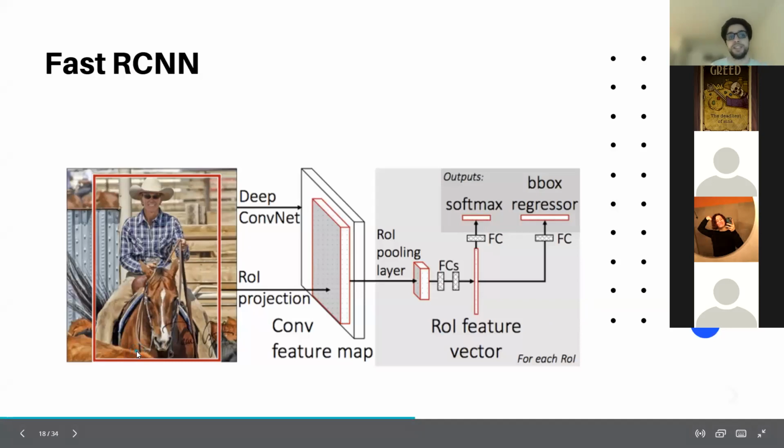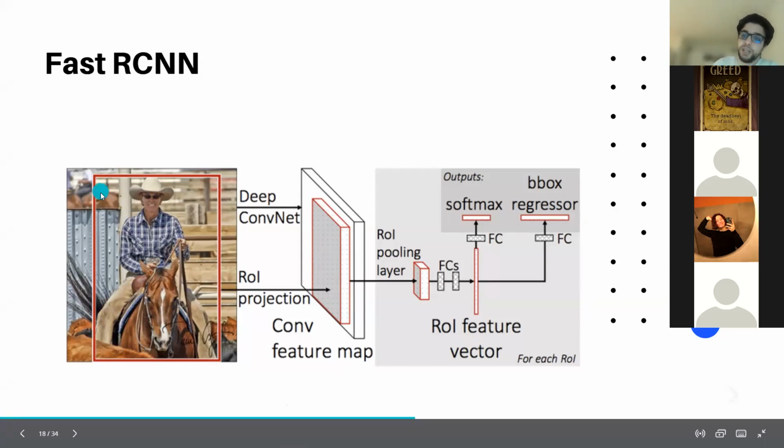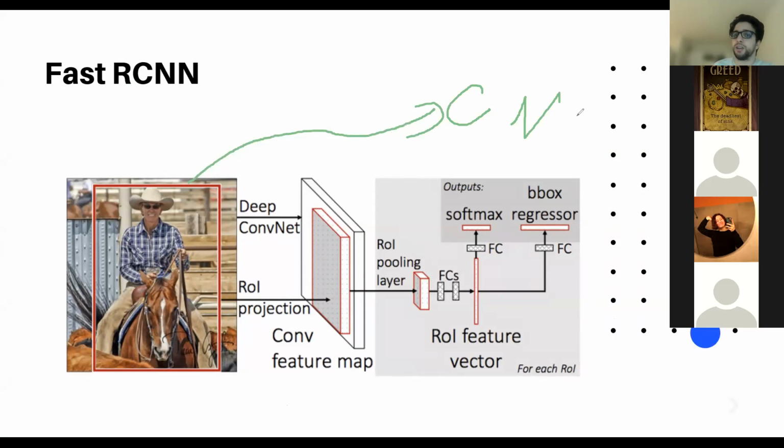The second algorithm is the fast RCNN. The fast RCNN still uses the selective search algorithm, so its results are still never good, but it has improved over RCNN by using a very simple trick, which is that we no longer send every region through the CNN.